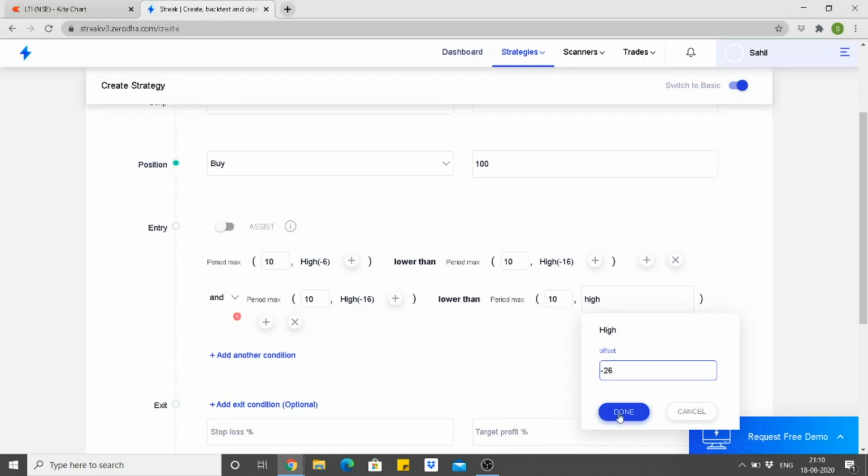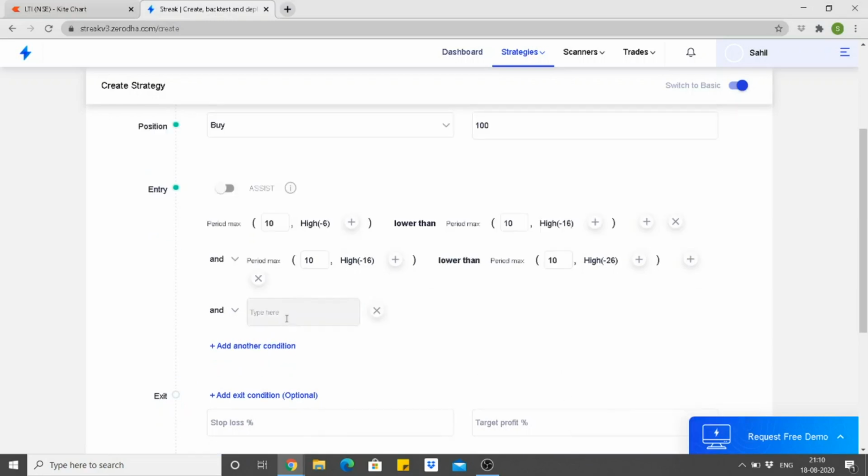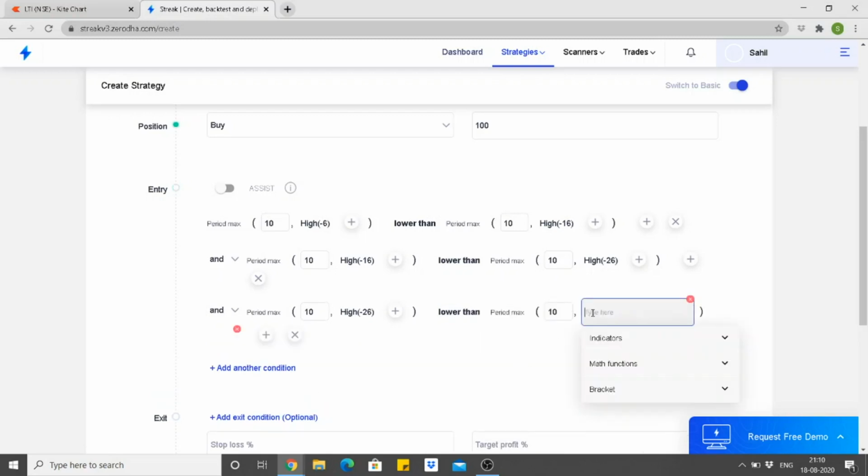Okay, let's proceed to the last condition that is required to capture the downtrend. Period max high with an offset of -36.